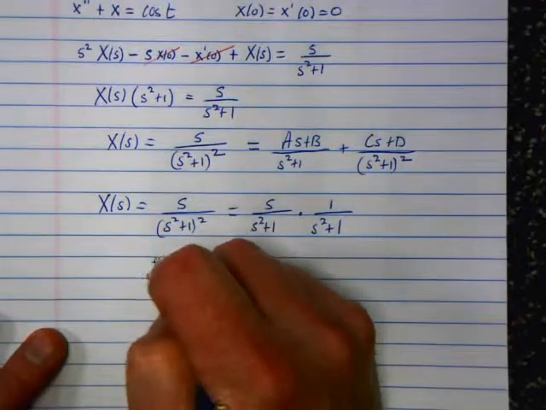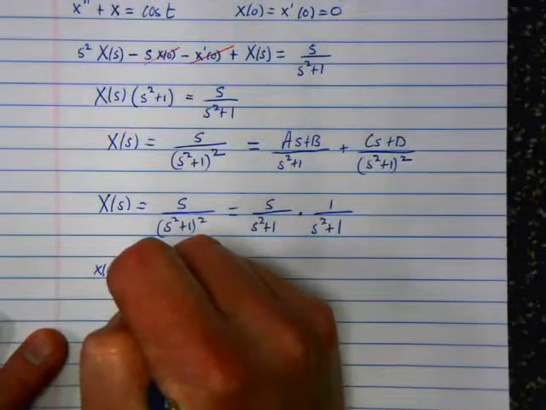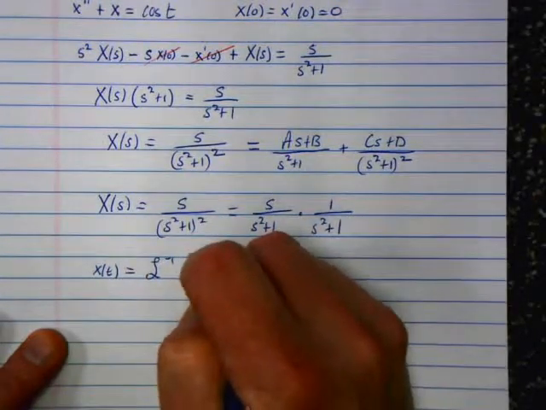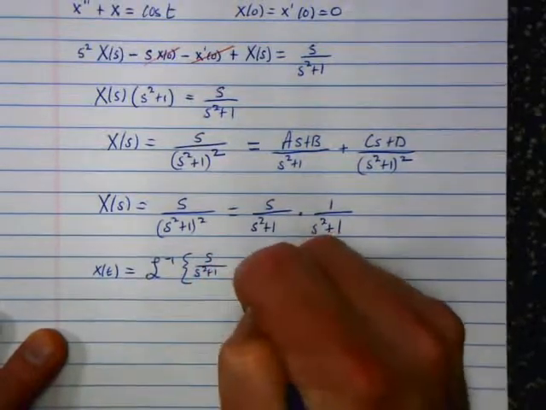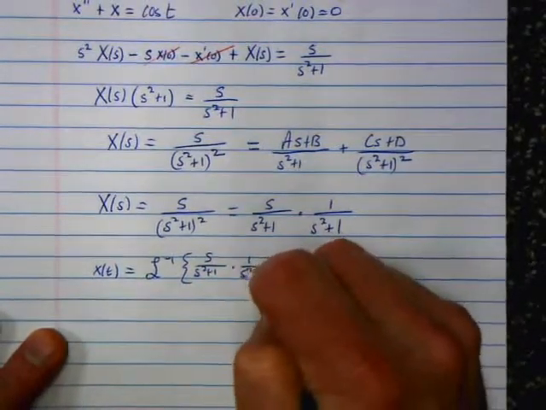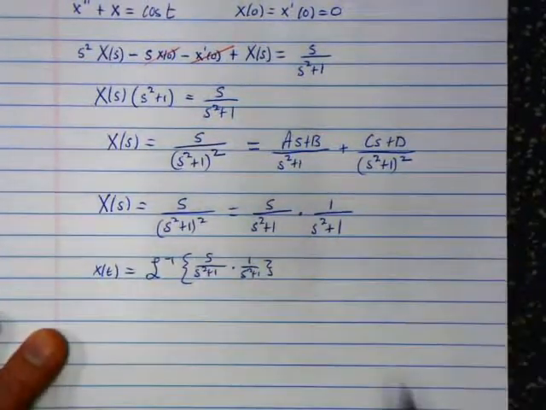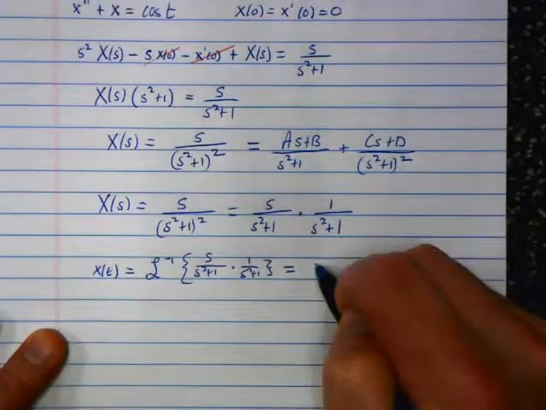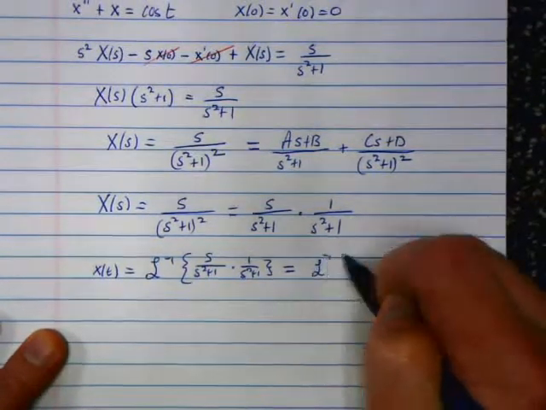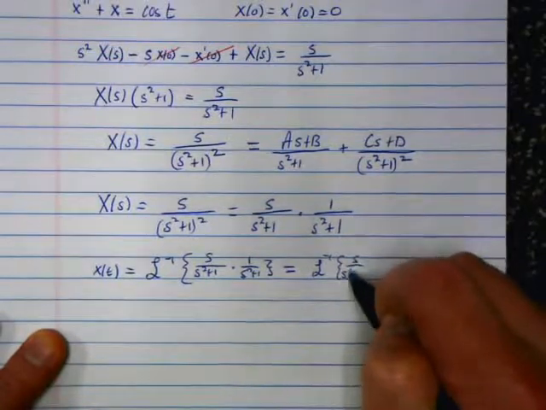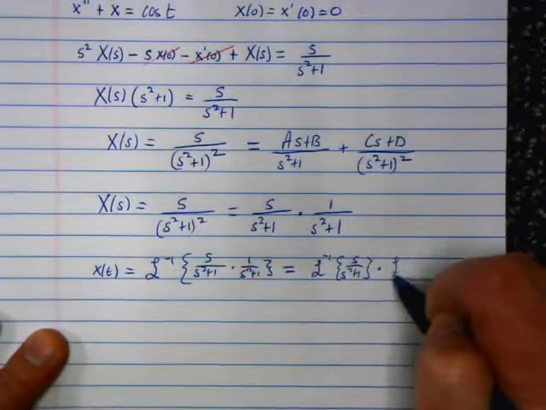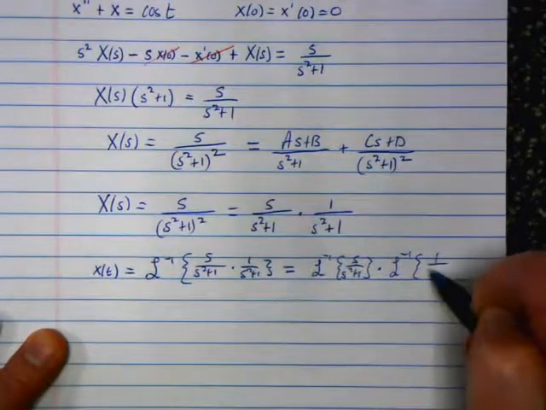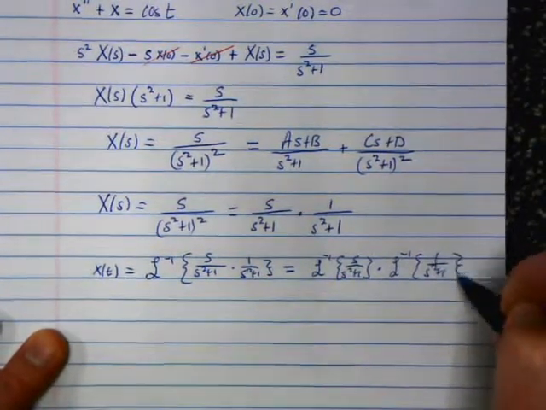What I'd really like to do is say x of t is the inverse Laplace transform of s over s squared plus 1 times 1 over s squared plus 1. What I really wish I could say is that that equals the inverse Laplace transform of s over s squared plus 1 times the inverse Laplace transform of 1 over s squared plus 1.